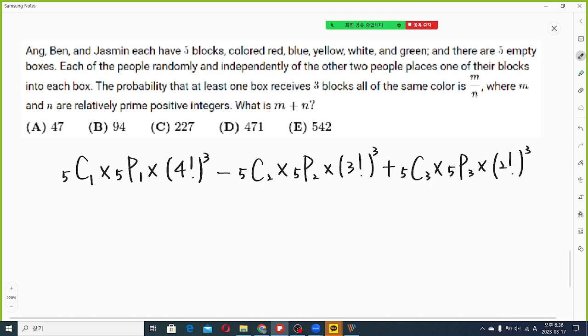And because this case also contains the four-box case, because of this random arrangement, there will be an additional box containing the same color, making a total of four boxes with the same color. We need to subtract this because we want to strictly add the case when three boxes contain the same color.